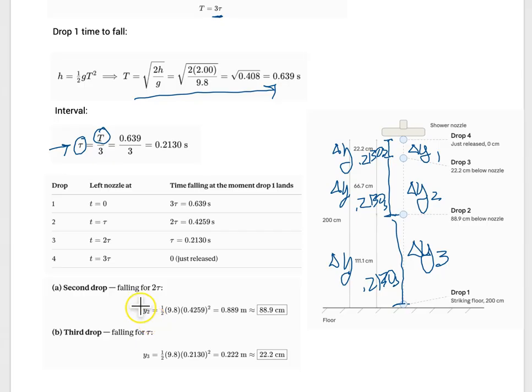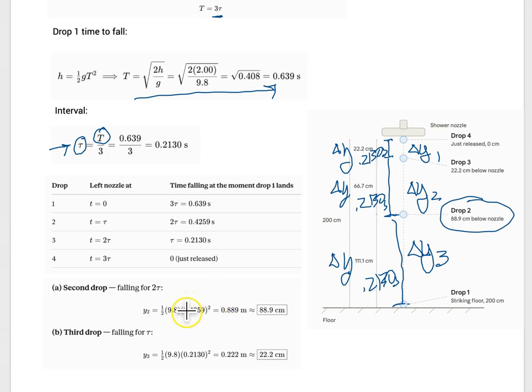So we know that for the second drop, we see that this is the second drop right here, and we want to know how far it's fallen. So we're going to take 1/2 of 9.8, and then we need to multiply that times the time that it's been in the air. And so basically we're just taking 0.2130 times 2.